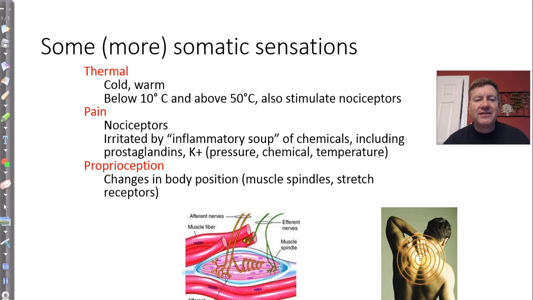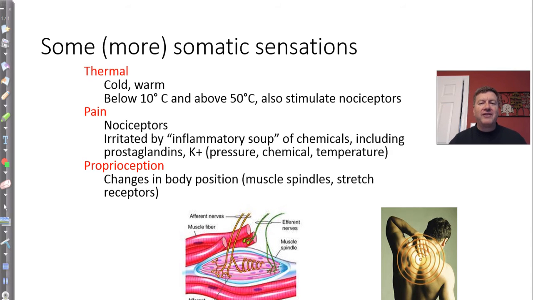Some more somatic sensations. Thermal, pain, and proprioception are important somatic sensations. Thermal receptors are going to help us figure out cold and warm. You actually have cold receptors and warm receptors. These will also, if it's very cold or very hot, stimulate nociceptors or pain receptors. Pain receptors are interesting because they're irritated by what I call an inflammatory soup.